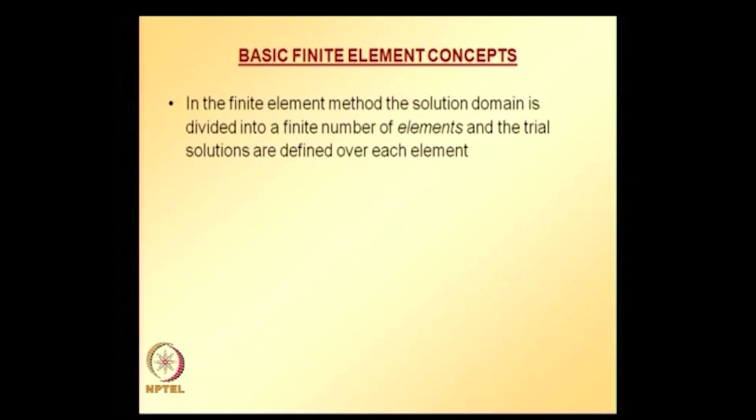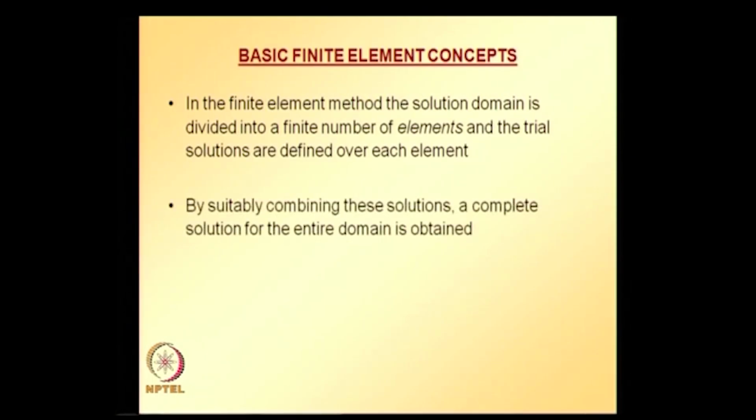In finite element method, which we are going to see in a while, the solution domain is divided into a finite number of elements and the trial solutions are defined over each element. By suitably combining these solutions, a complete solution for the entire domain is obtained. So, what we will be doing is defining a trial solution for each of the elements separately, and once we solve for all the unknown coefficients, we will go back to each element and post process it.